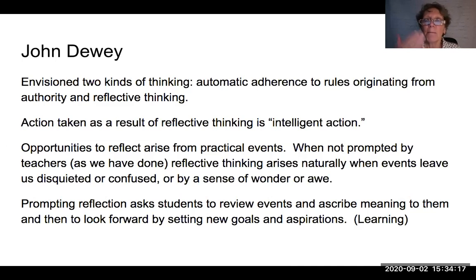When you think back over what you've done, there's almost a reflex to then think, well, I did that, now what can I do? Or what can I apply that to next? So any action taken as a result of reflective thinking is what we call intelligent action. In other words, you're taking action based on experience.